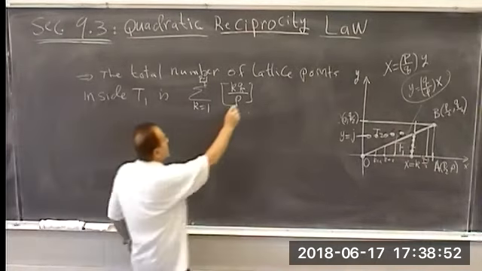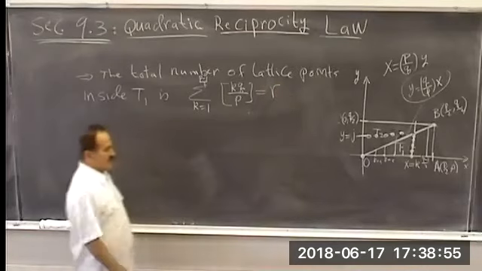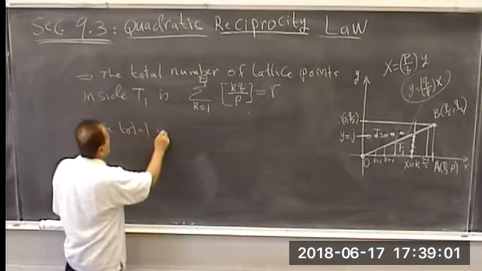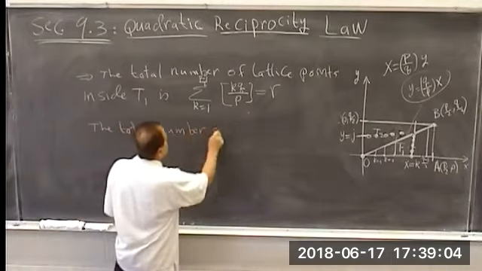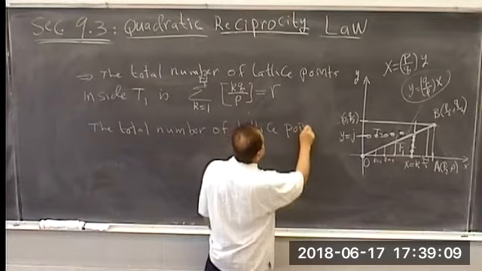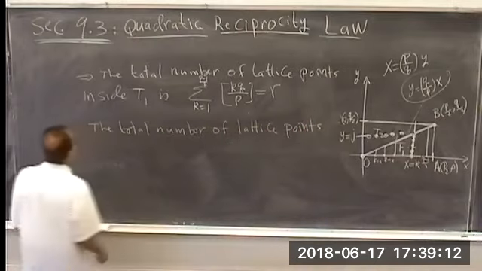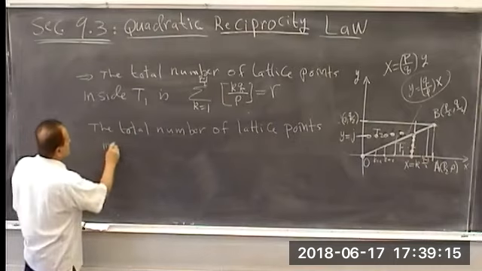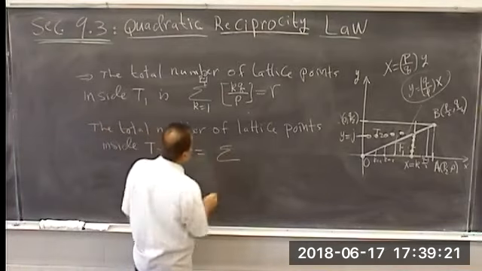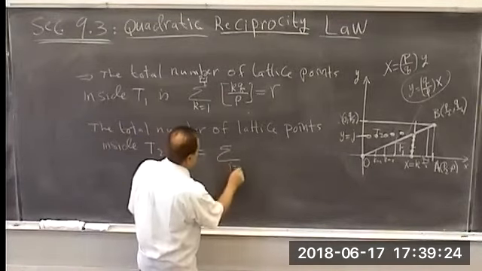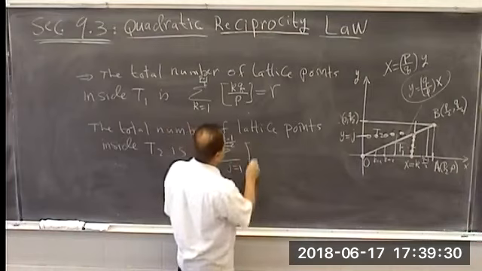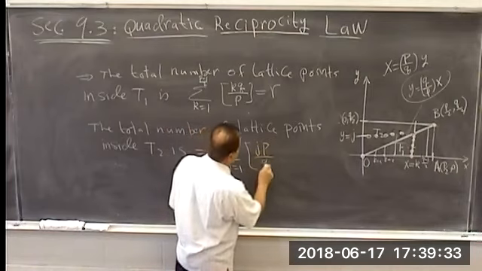And remember this one, according to our notation, was R. And here also the total number of lattice points inside T2 is equal to the sum, j equal 1 to (q minus 1) over 2, of the bracket j p over q.